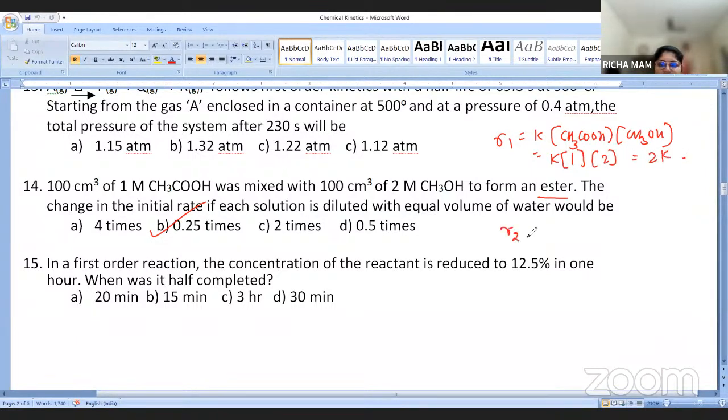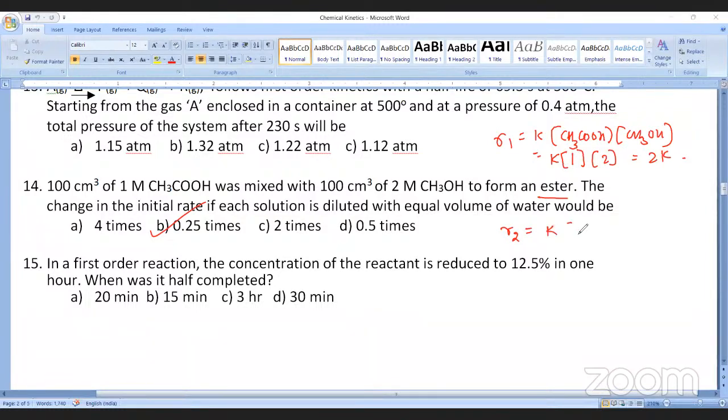Then, when you add an equal amount of water, it will get diluted. So the rate is equal to 1 by 2 and 2 by 2. Find the rate when it gets diluted. So this will be 1, so it will be K by 2. Now substitute R1 by R2. So that will be 2K by K by 2.